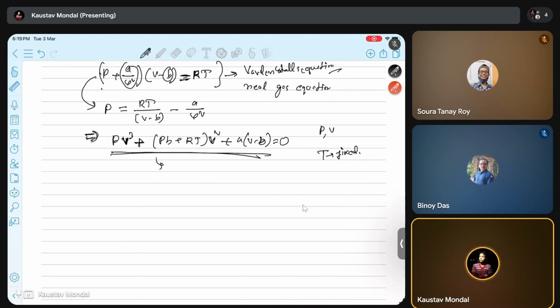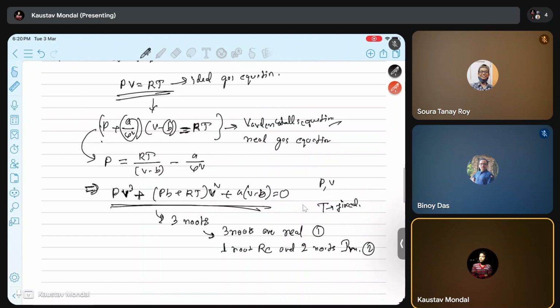So there are two possibilities: either all three roots are real, or one root is real and the other two roots are imaginary.